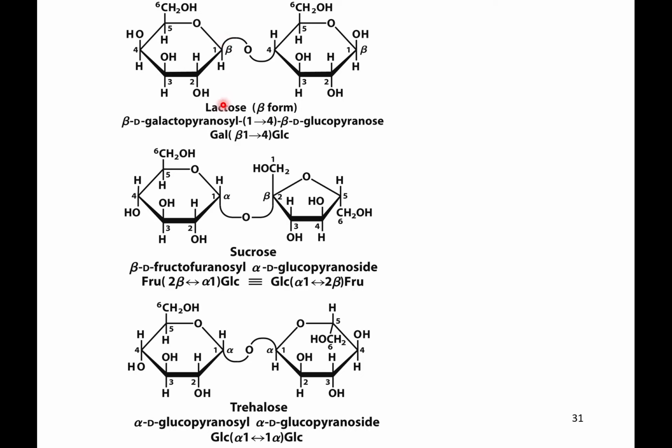And it's forming a glycosidic bond between carbon 1 in galactose and carbon 4 in glucose. So the shorthand way of writing this disaccharide would be Gal for galactose, beta 1 to 4 glucose, Glc.